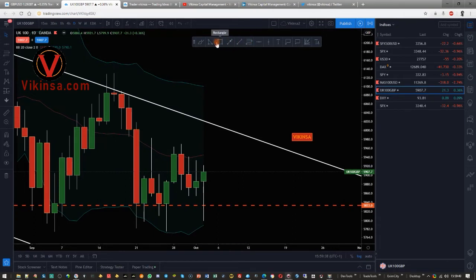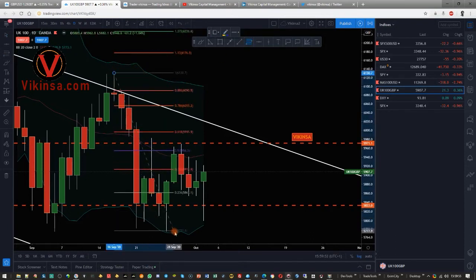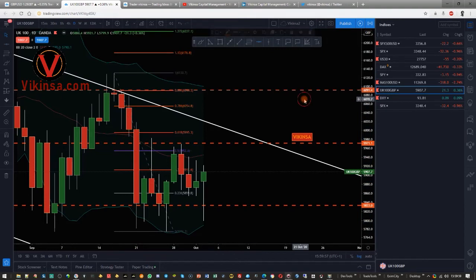But if you pay attention here, we see that we have a W pattern forming like this. So this is the midpoint, which is very, very important for us. And if that midpoint is broken, then we are looking for near about this level. So that's also very important for us.